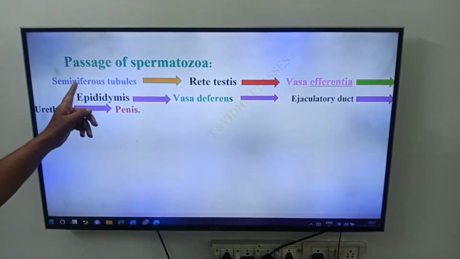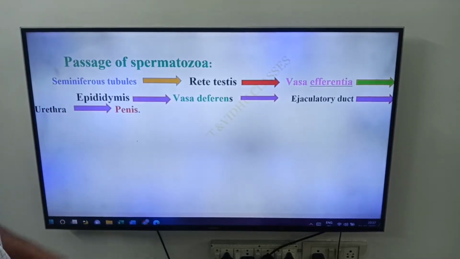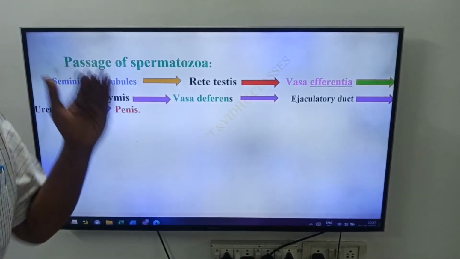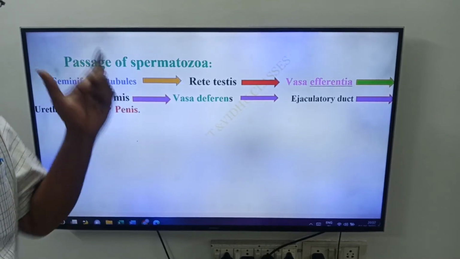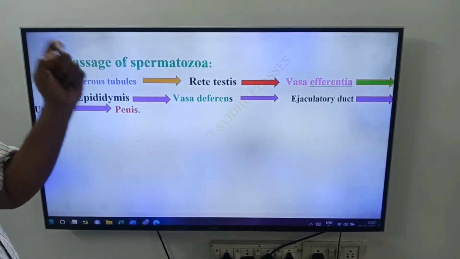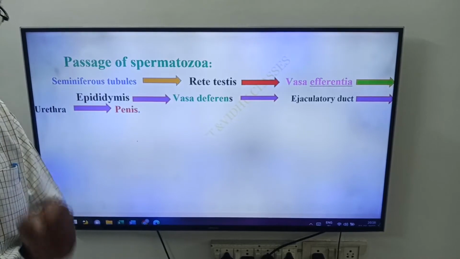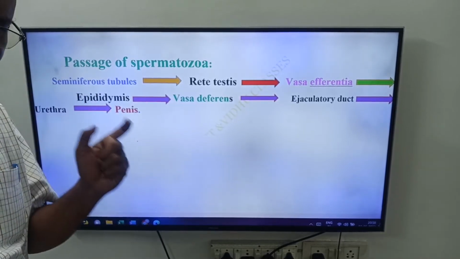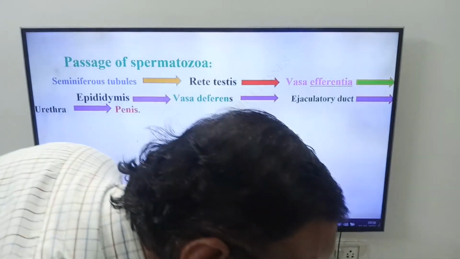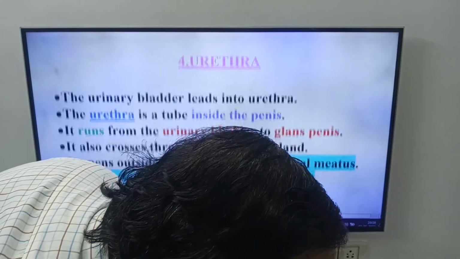Once again, friends: seminiferous tubule, rete testis, vasa efferentia, epididymis, vas deferens, ejaculatory duct, urethra and penis. Okay, friends, you have to remember it.